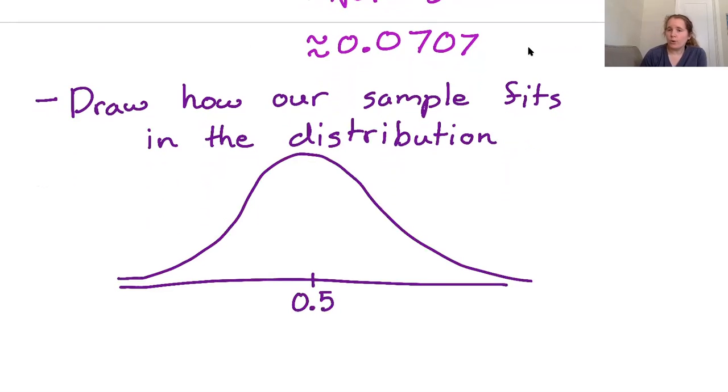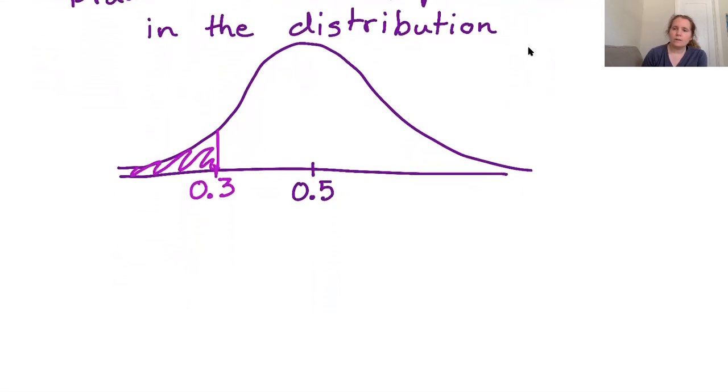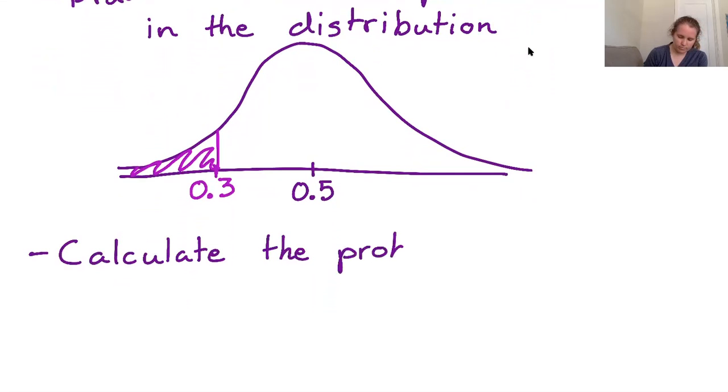Our sample information is that we are looking at 0.3, and we want to know the probability to the left. So next up, we want to calculate the probability. So this is the p-hat distribution.